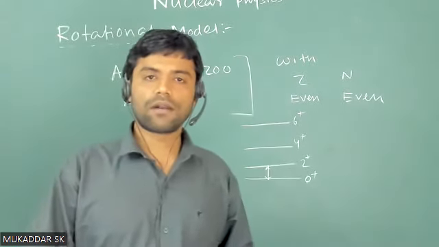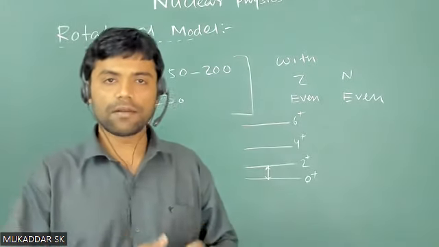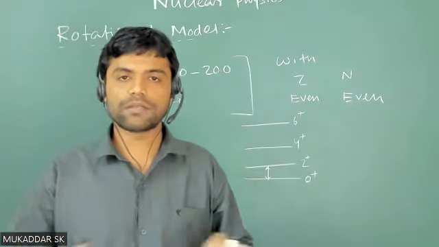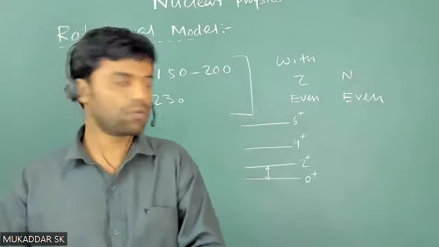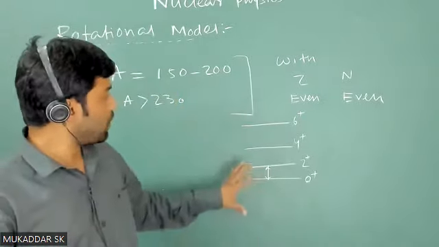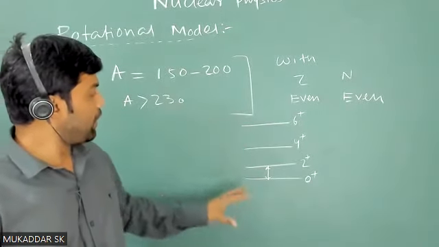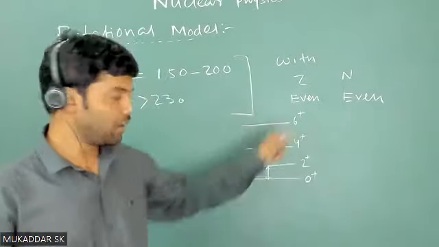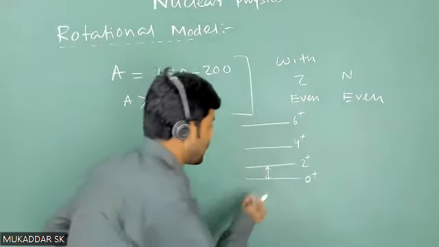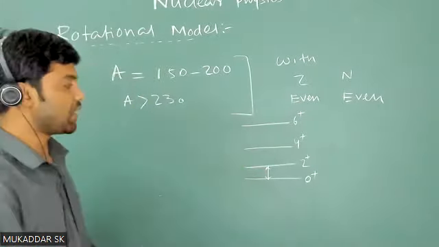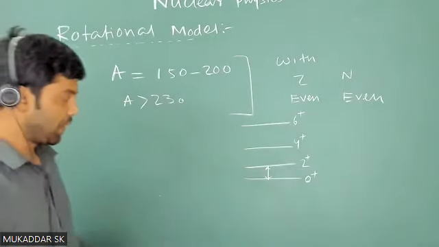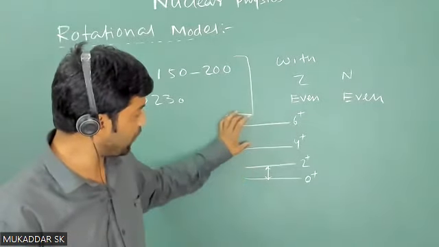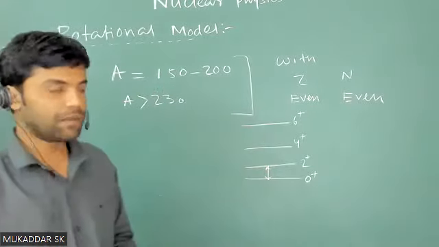When you discuss nuclear levels, the order of separation is usually of the order of mega electron volt. However, for this type of nuclei, with even spin and even parity, the energy separation between two successive levels is of the order of kilo electron volt. And that separation is going to increase when you go to higher spin levels.